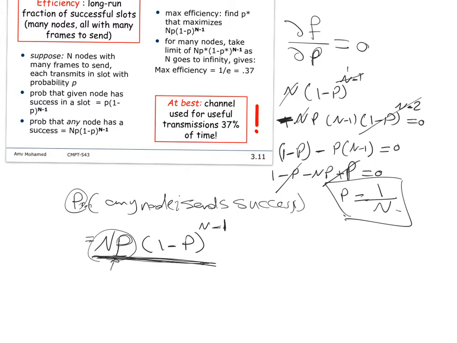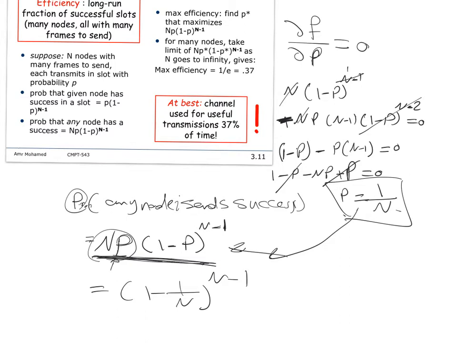So what is f when p equals 1 over n? Of course, n divided by n is 1. So this will be (1 minus 1 divided by n) to the power n minus 1. I substituted p equals 1 over n because I know it maximizes this probability.